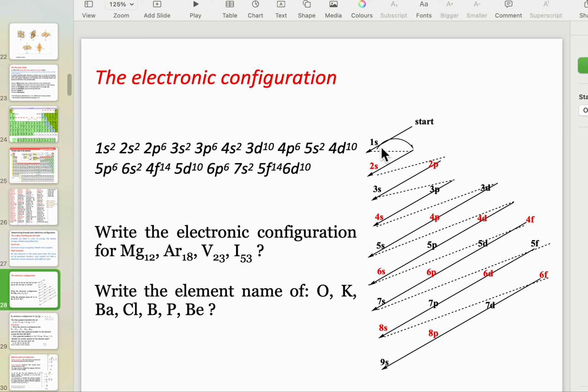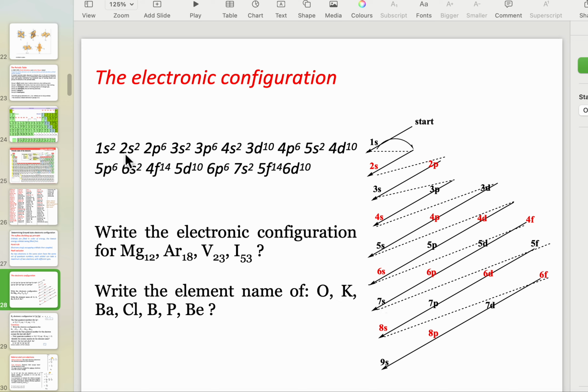So we start with 1s, fill it with 2 electrons, 1s2, then 2s2, then come back 2p6, 3s2, 3p6, 4s2, 3d10, 4p6, 5s2, 4d10, 5p6, 6s2, 4f14, 5d10, 6p6, 7s2, and so on.